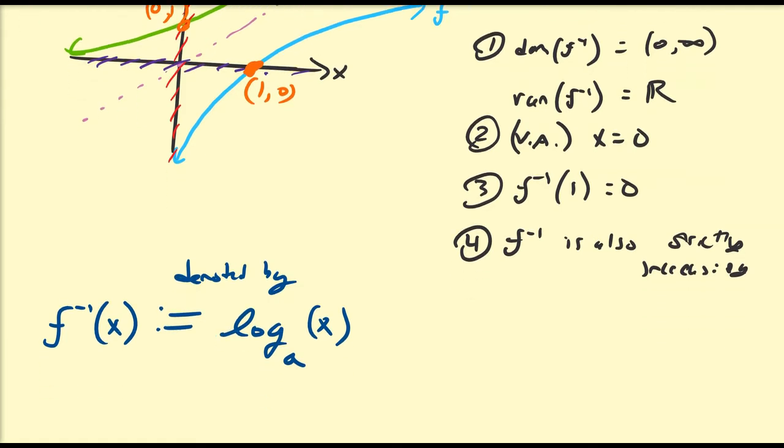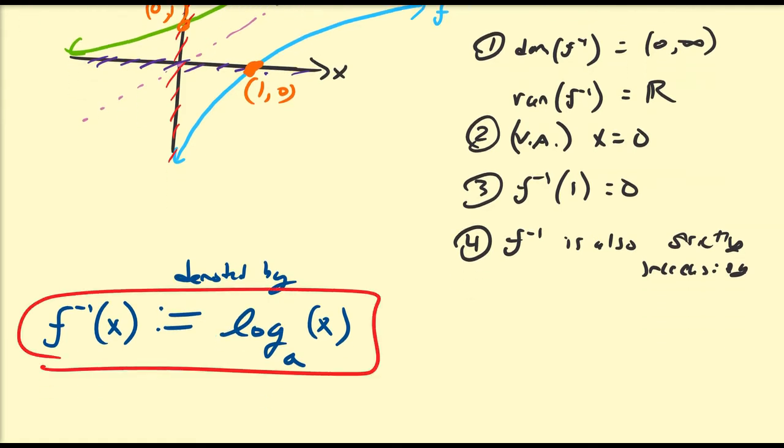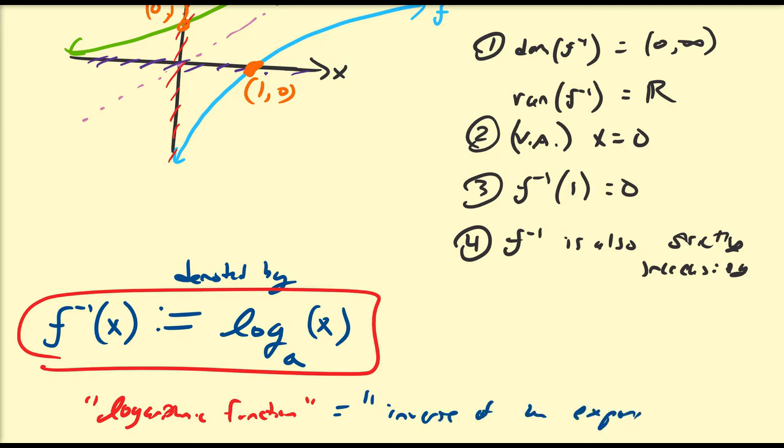So this function is called a logarithmic function. So what is the logarithmic function? It is the inverse of an exponential. Now there is an alternative definition for logarithms using integrals if you're familiar with integral calculus, but we'll leave that until another day to discuss.